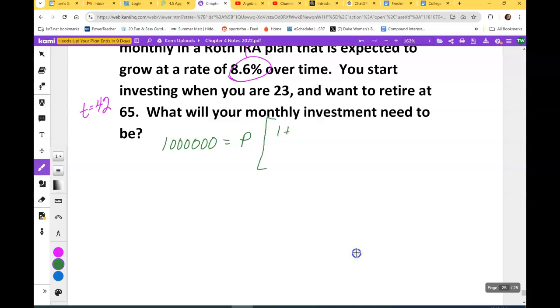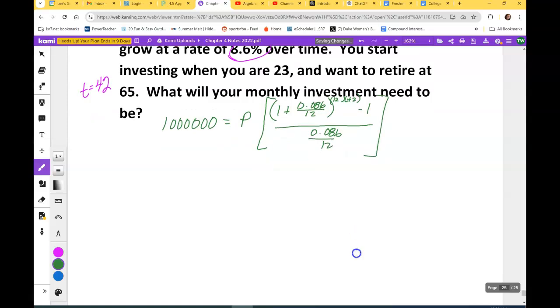So I have 1 plus 0.086 over 12, and that's to the 12 times 42, because 42 years, minus 1, all over 0.086 over 12.